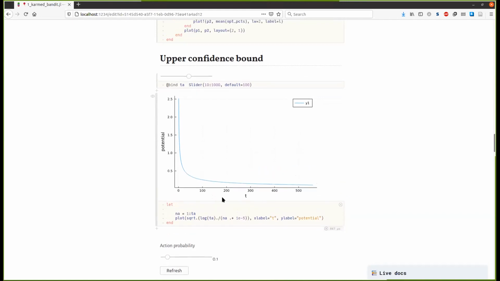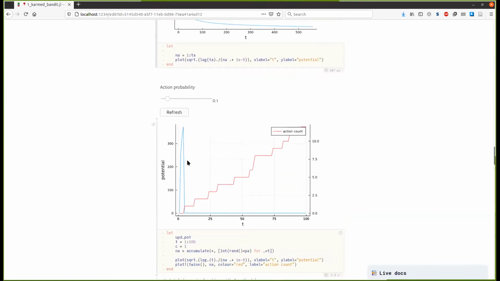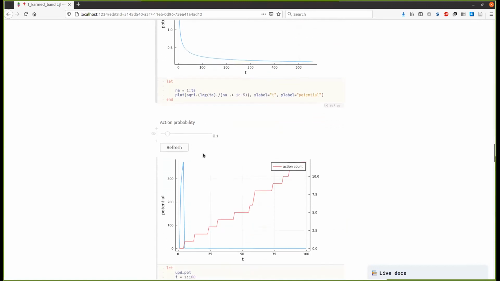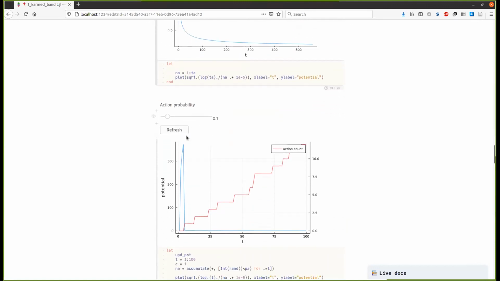And here is another visualization of how this upper confidence bound term would develop with time. Here I just plot it, and you can see that as we take more actions of that kind, the value of that second term diminishes.